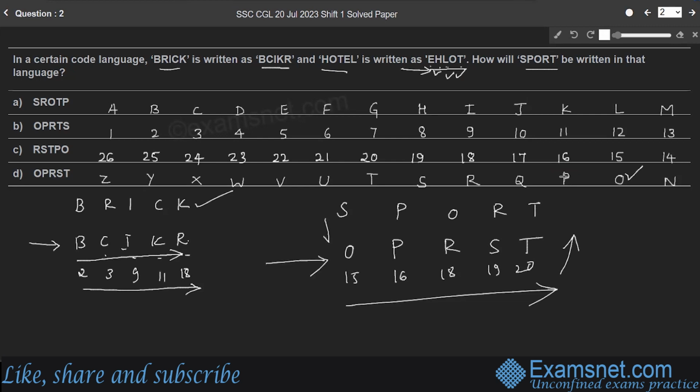Code for sport is OPRST. So option D is the right answer. So mention the ascending order of their positional values. Therefore, option D is the right answer.